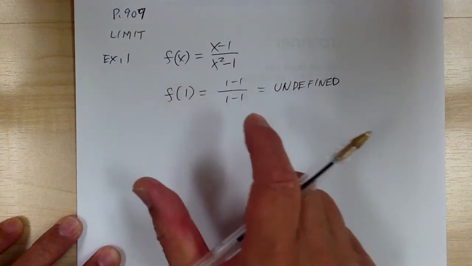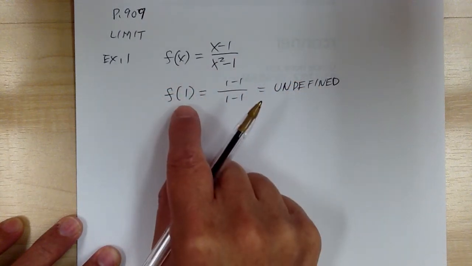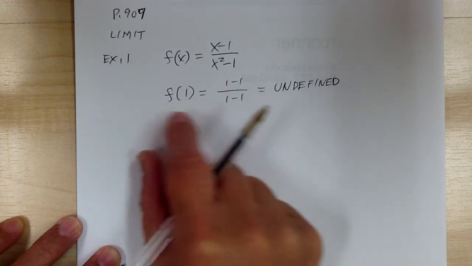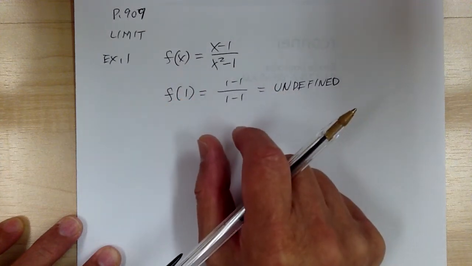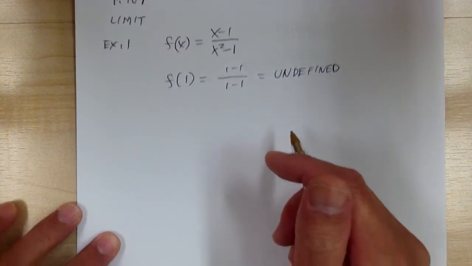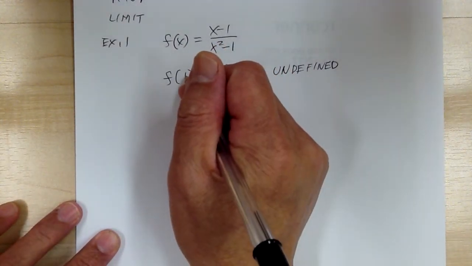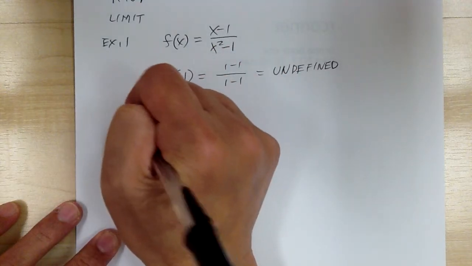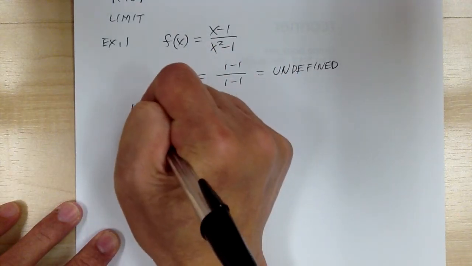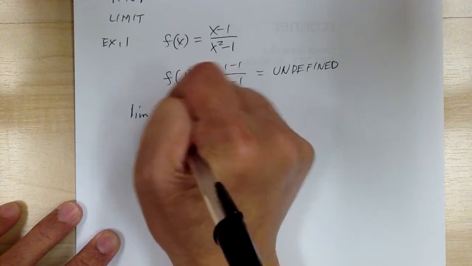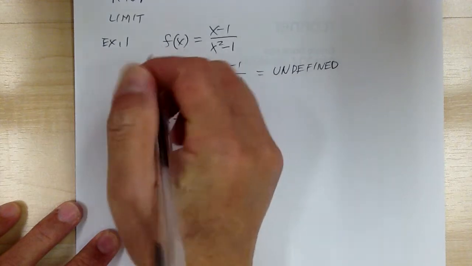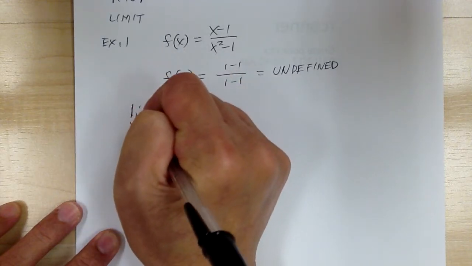So the limit is to find what happens when x gets closer to a certain value, what value y approaches. Again, as we go over the example, it will help you to better understand. So instead of finding the value at 1, what we do is we write the limit, so lim of x minus 1 over x squared minus 1, as x approaches 1.